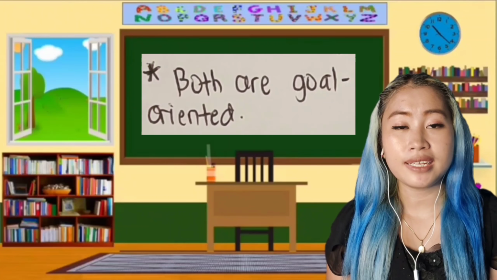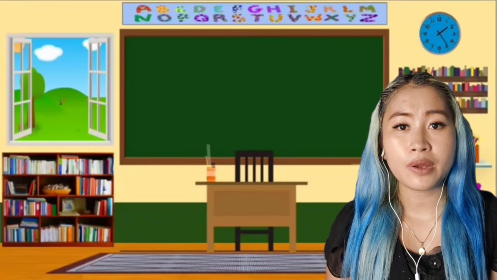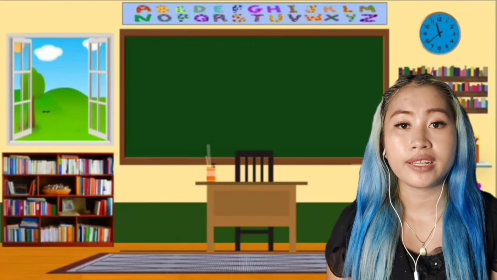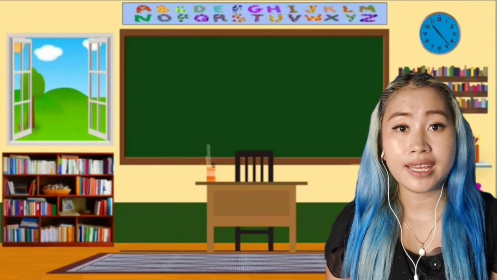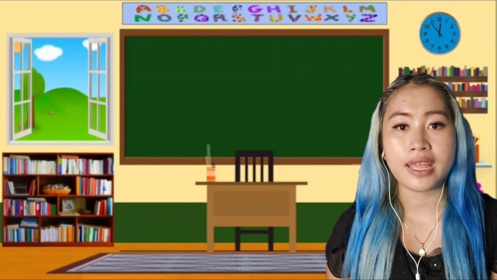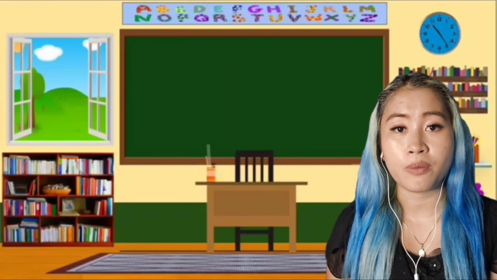For the third bullet, both are goal-oriented. The primary goal of teaching is to impart knowledge and to monitor change in behavior, while learning aims to understand and apply knowledge. A teacher seeks to share what he knows, whereas a learner intends to receive new information.